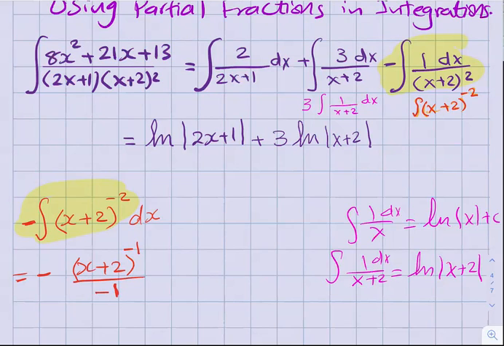Now we have a minus here and a minus here, so this is going to become plus x plus 2 to the power minus 1. Or you can write it as plus 1 over x plus 2, because minus 1 means it should be at the denominator, and if I put it back down, then it's 1 over x plus 2. Okay with this?